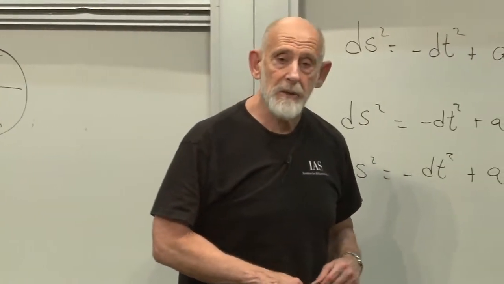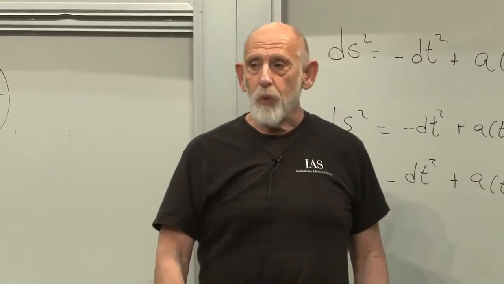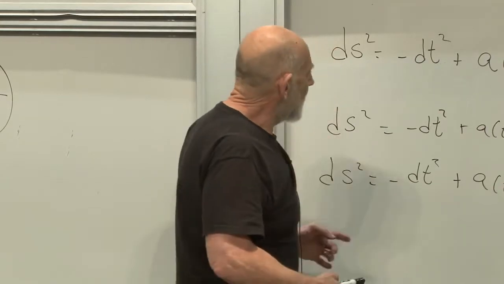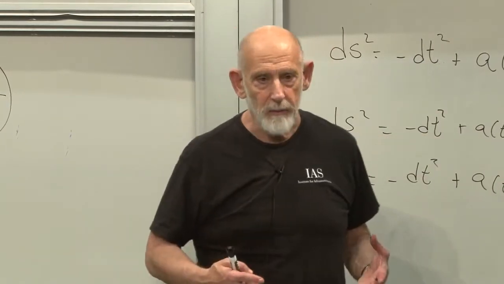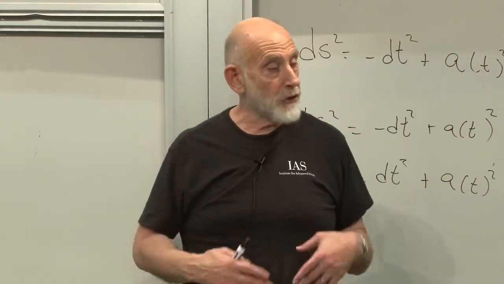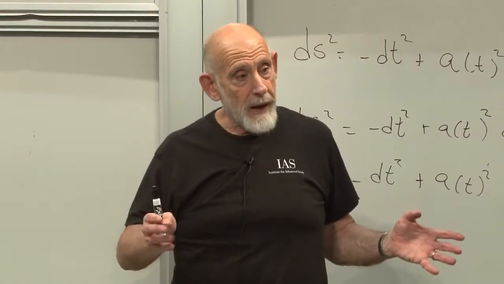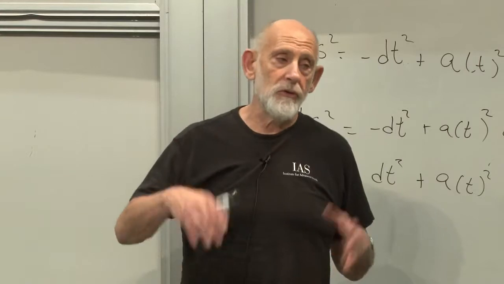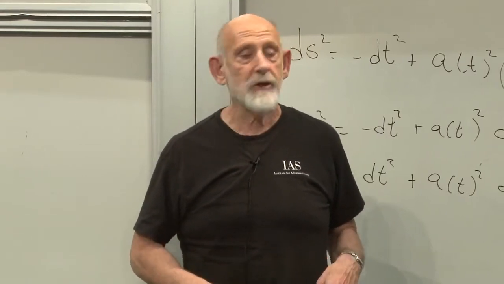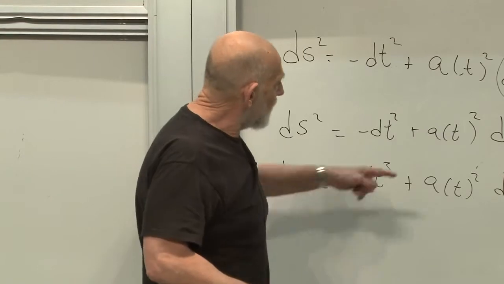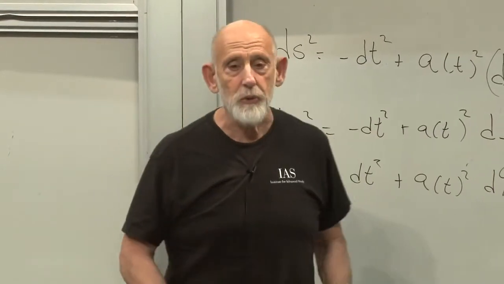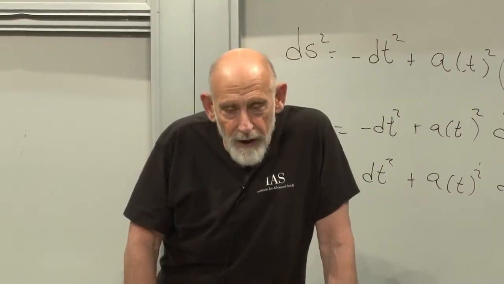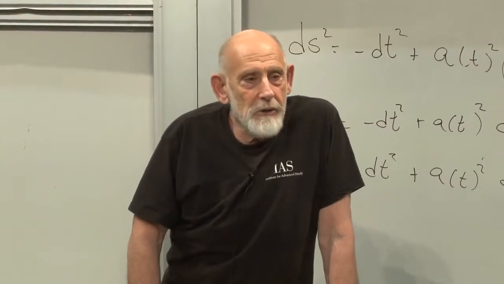Okay, that's our cosmology. What do we need in order to make this cosmology have some dynamics to it? We need equations for how a changes with time. We're going to want to know, does the universe expand? Will it continue to expand? At what rate does it expand? Does it expand as t to the 2/3 or t to the 1/2 or exponential of t? To do that, we have to have equations for how a changes with time. Now, we can't really use Newton's equations, although we will find the equations are Newton's equations. But we can't start with Newton's equations.